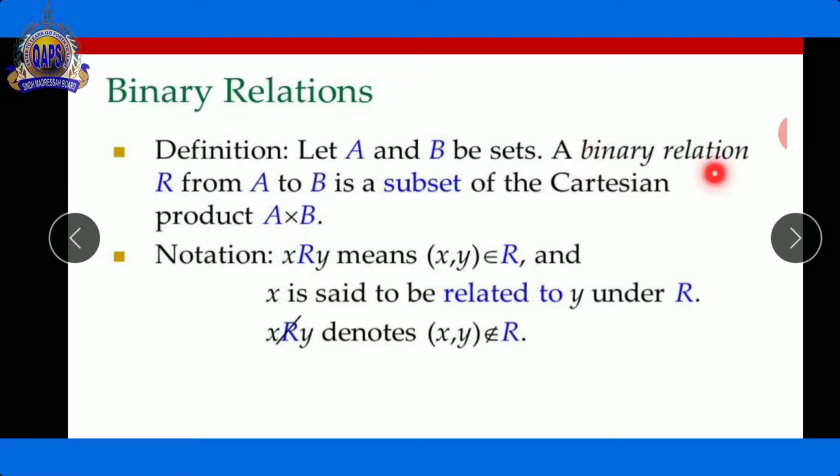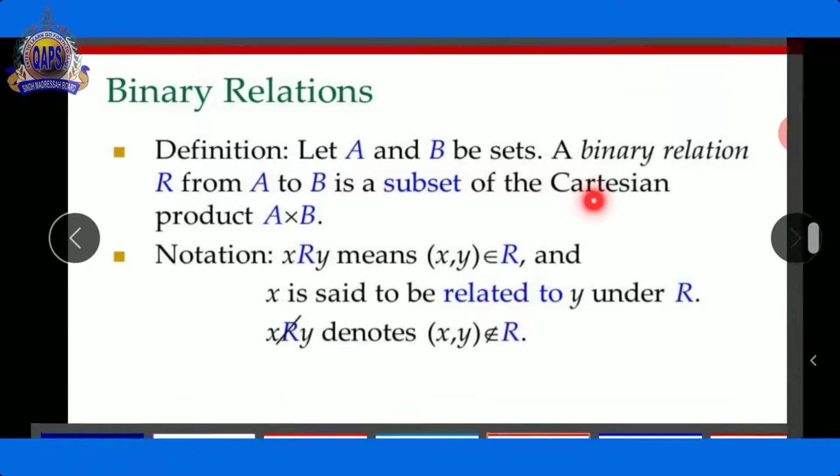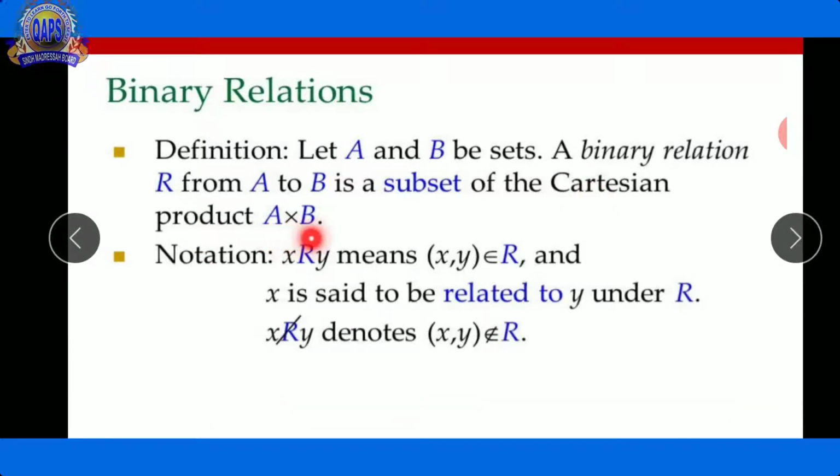A binary relation means bi means two and nari means numbers. It must be the relation in between two numbers. Which numbers? A and B. This R represents a relation from A to B, which is a subset of the Cartesian product A cross B.